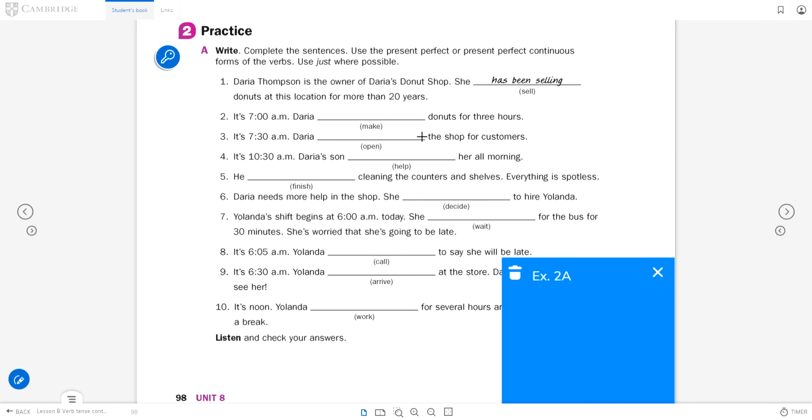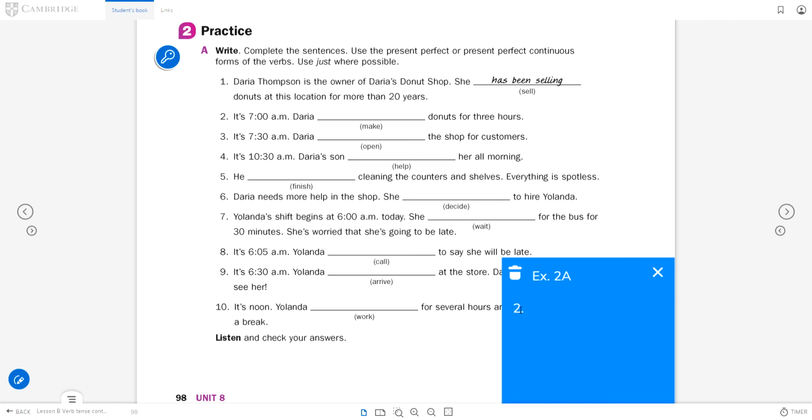It's an idea that she finished, or she's continuing to do it. And let me give you a hint: the idea is that she just recently finished. So number 2 here is present perfect.